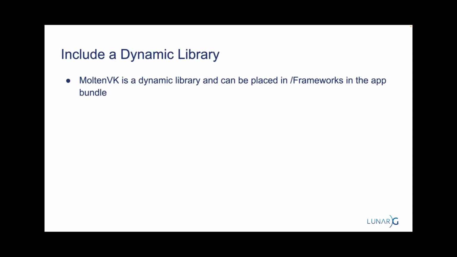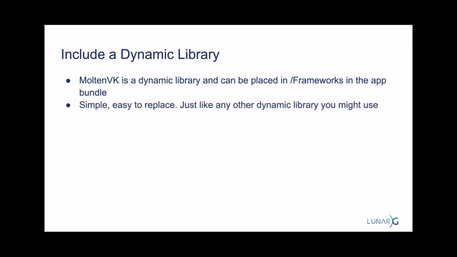Another option, I did say there were four, you can just include it as a dynamic library, and there's really nothing fancy to talk about here. You just simply put MoltenVK in frameworks and link directly to MoltenVK instead of linking to the Vulkan loader, and it will just automatically start running MoltenVK, and all the Vulkan API things that you need are there.